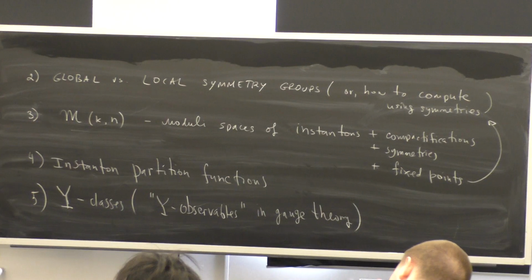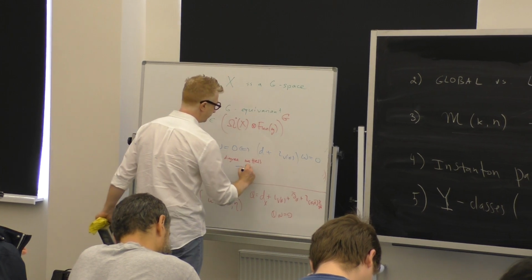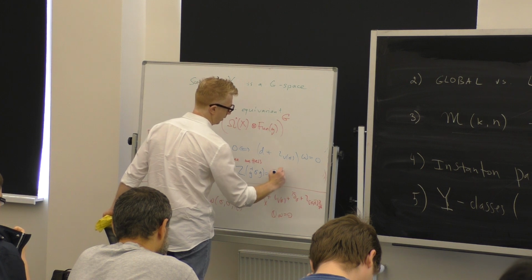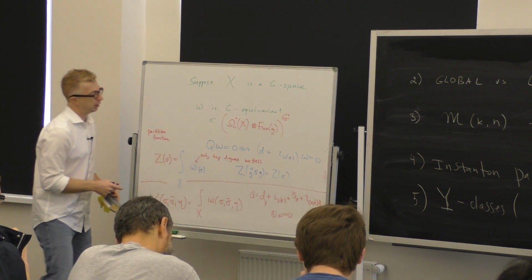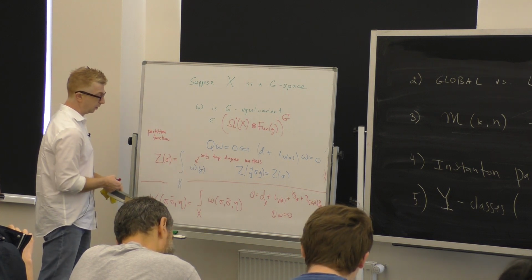So what can we say about this function of sigma? Well, first of all, it is G invariant. Because remember, omega was supposed to be G equivariant.